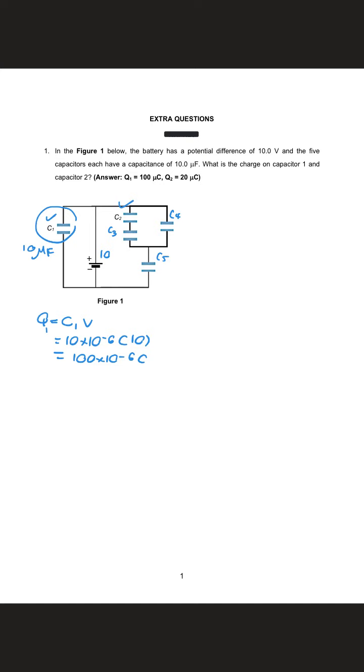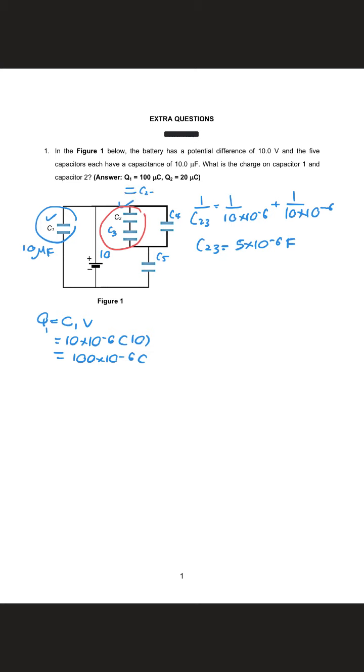We start with the first part, which is a series arrangement, so 1 over C23 equals 1 over 10 power of -6 plus 1 over 10 power of -6. So C23 is 5 microfarad.